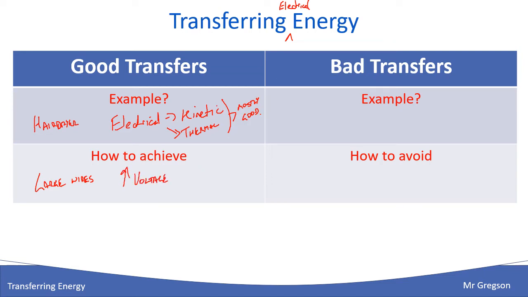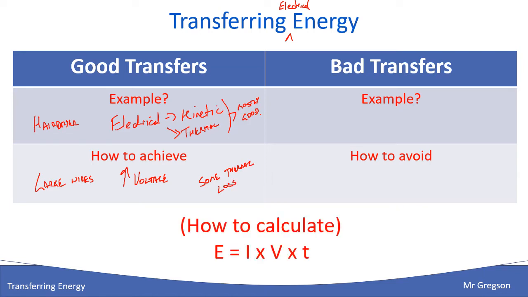If we use a lower voltage, we need higher current. So the higher the voltage, the less the current, the less collisions, etc. And we're basically recognizing that there is some thermal loss to the environment. But if you make your hairdryer well insulated, that might mitigate some of those problems.